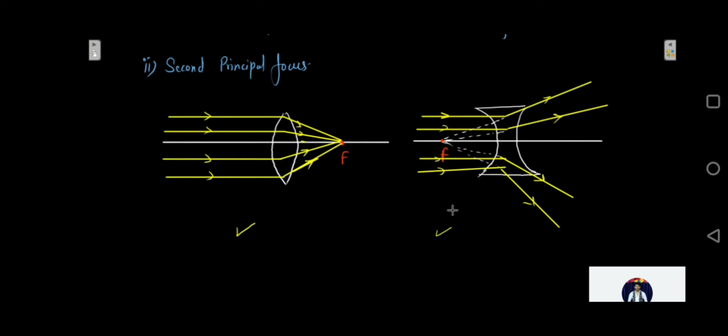The plane passing through this point and perpendicular to the principal axis will be called the focal plane, a plane like this which is perpendicular to the principal axis. And the distance between the principal focus and the optical center will be called the focal length, the second focal length.